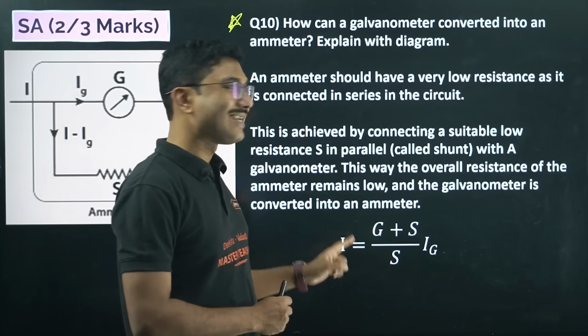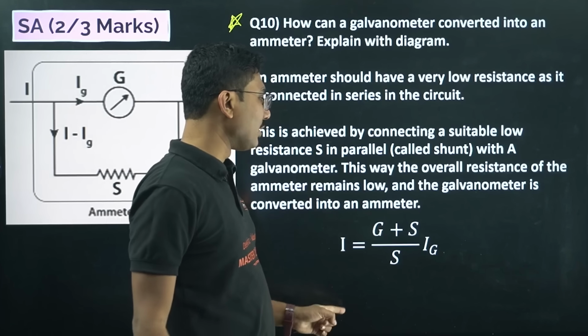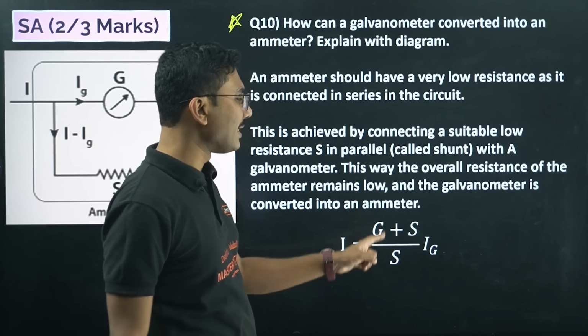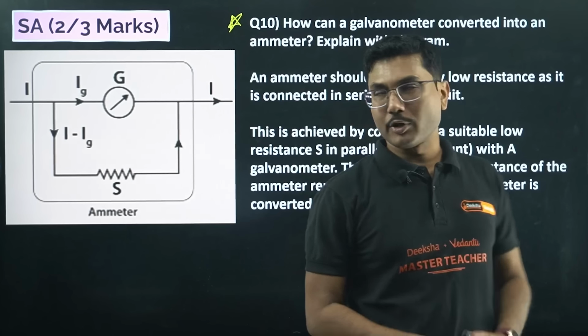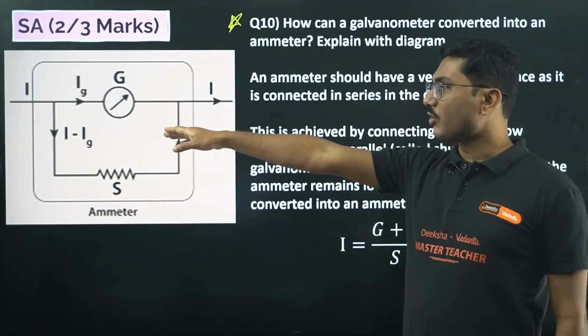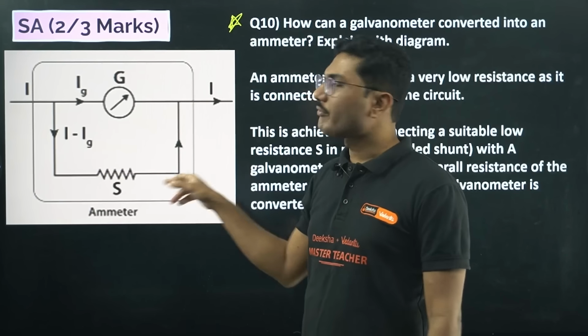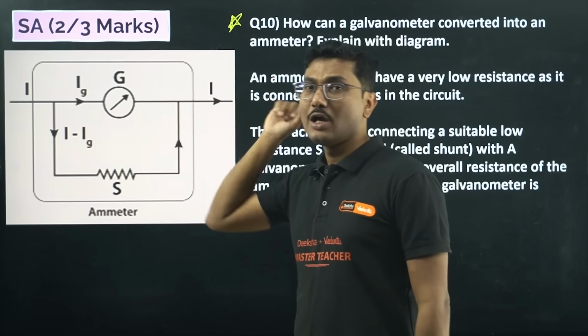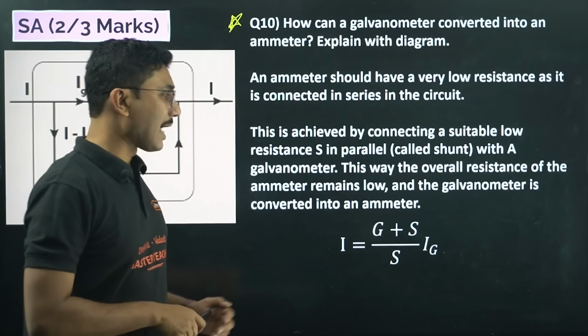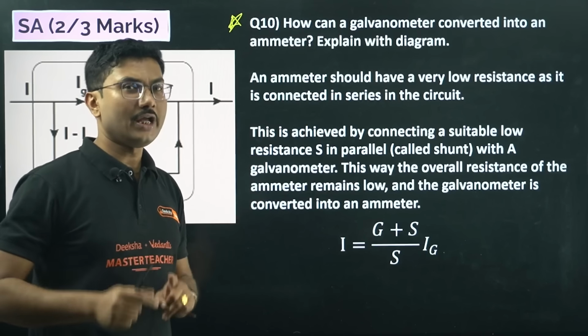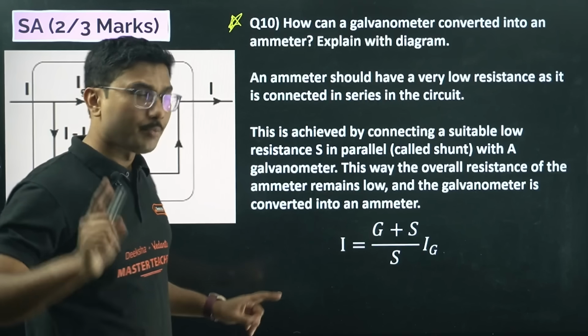The expression for current in an ammeter is I equals (G plus S) divided by S, into IG. IG is the galvanometer current. The diagram is drawn like this. You have to draw this diagram with G and S. Don't skip the diagram. The expression is also very, very important. These two questions are super important.